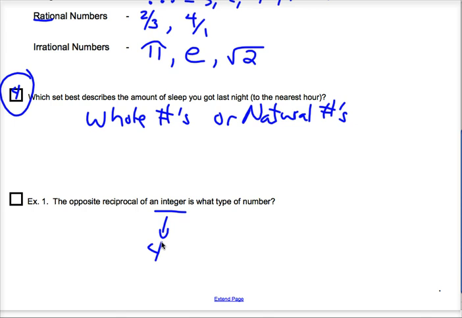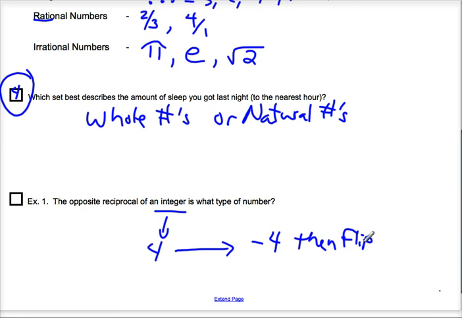And now if I take the opposite reciprocal of that, 4 is going to turn into... well, opposite of 4 is -4. And then what does reciprocal mean? It means that you flip it over.